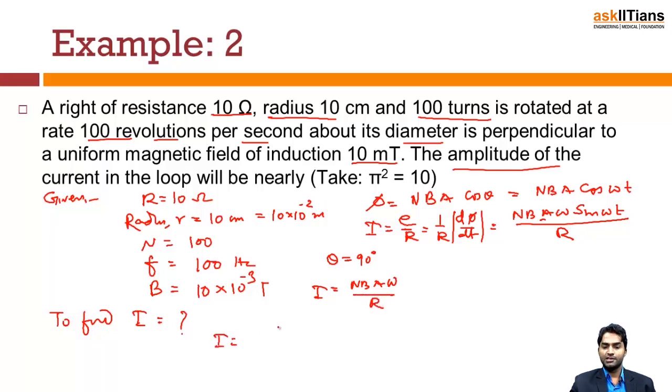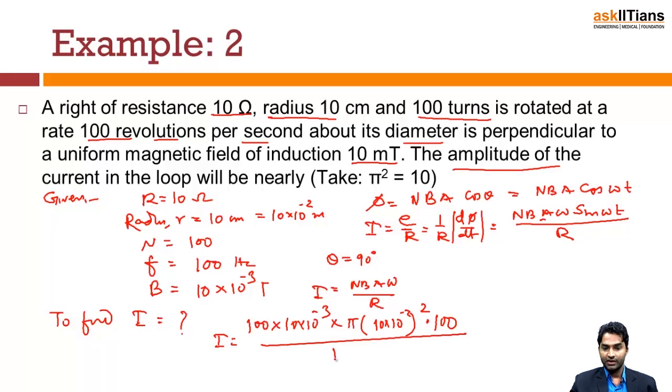On substituting the corresponding values, N is given as 100, magnetic field is 10 into 10 to the power minus 3, area is pi r square with radius 10 into 10 to the power minus 2, and the angular frequency omega is 100 revolutions, divided by the resistance, which is 10 ohm.